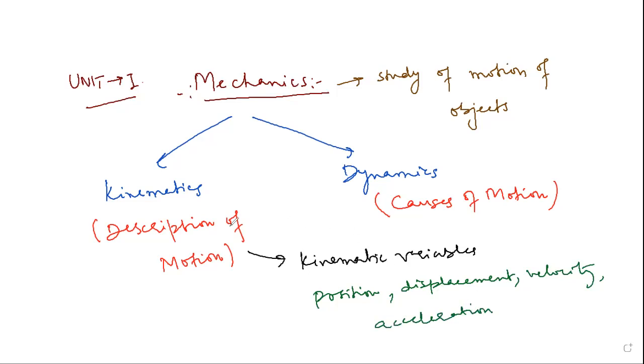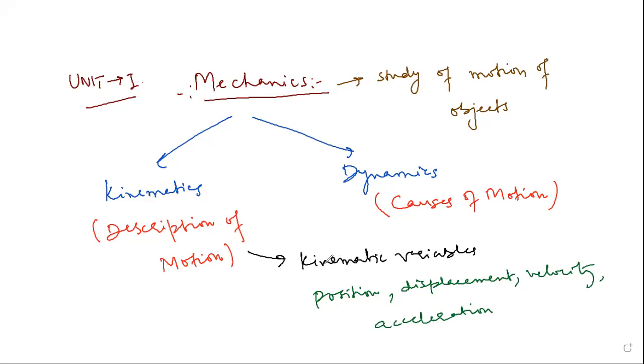These quantities are called kinematic variables. Now, motion has types. Every motion has its description. You can describe motion in terms of these kinematic variables by specifying, for example, how the position, velocity, acceleration of the body in the motion changes with time, right?